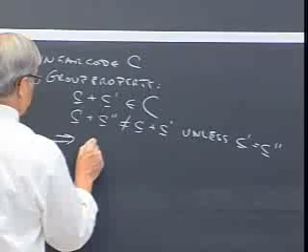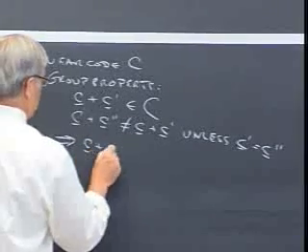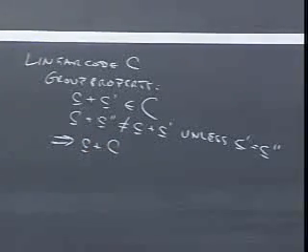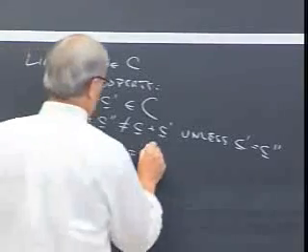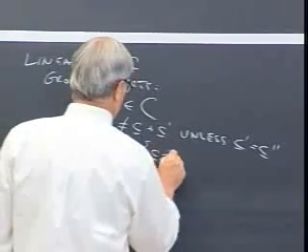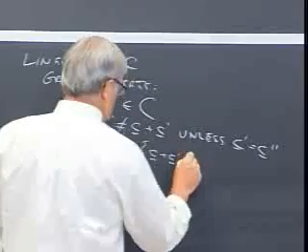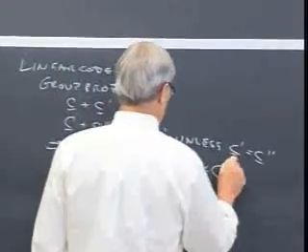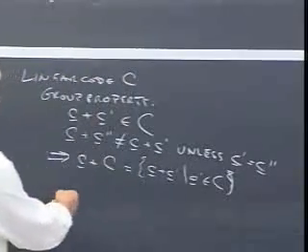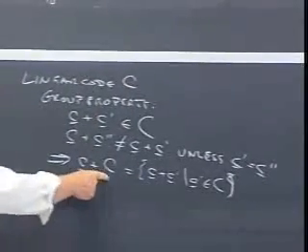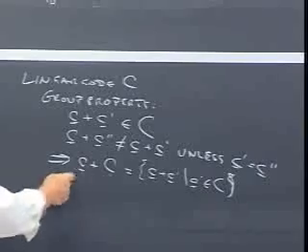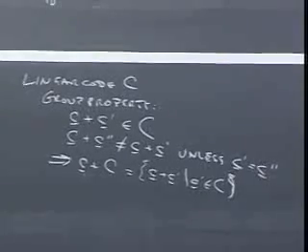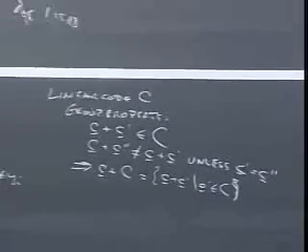So this implies that C plus C, I write that as an abbreviation for the set of all C plus C prime as C prime runs through the code C. So this is the 2 to the k sums of the code plus any code word in the code.